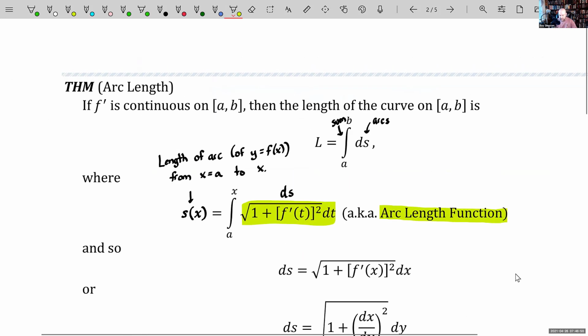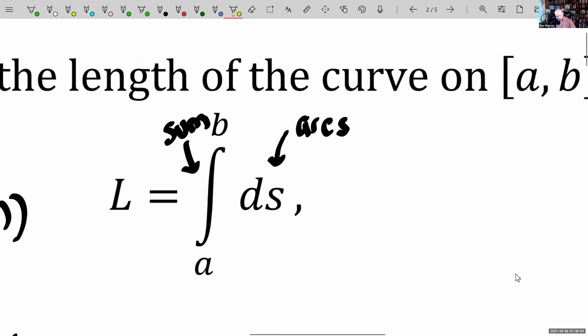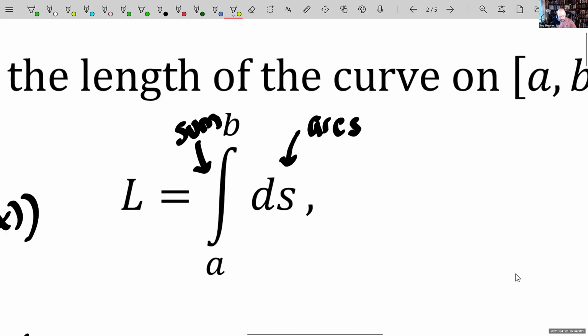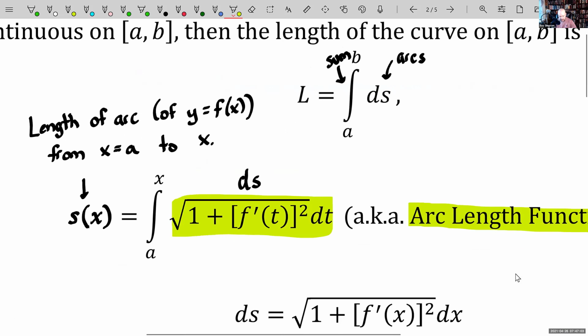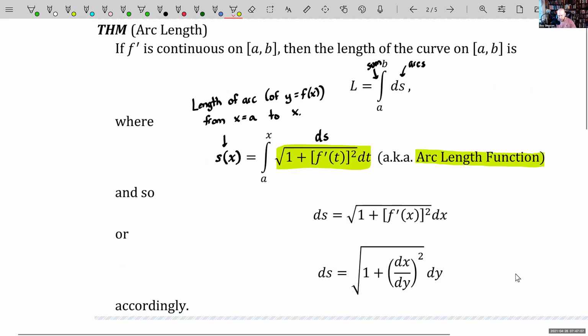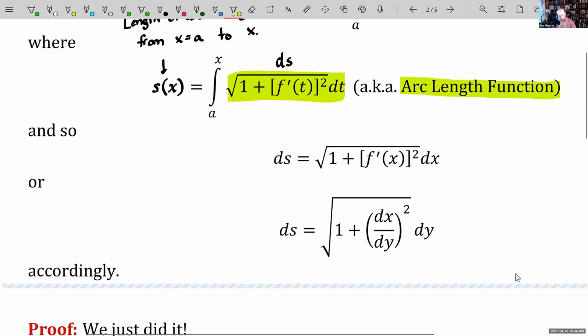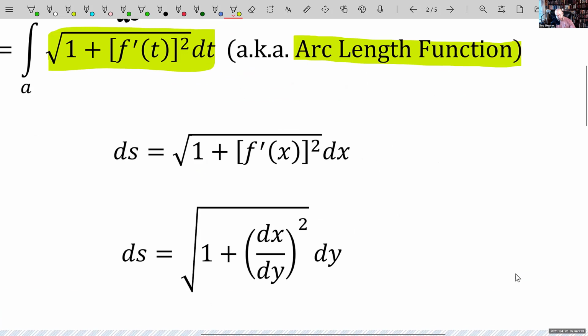So the theorem just says, if you want to measure the length of an arc, you're going to sum up all the little arcs from A to B. If you don't know when you're going to stop, and if somebody just wants an arc length function, well, you'll do it like this. And so, as we wrote a moment ago, ds is either equal to the square root of 1 plus f prime of x squared dx.